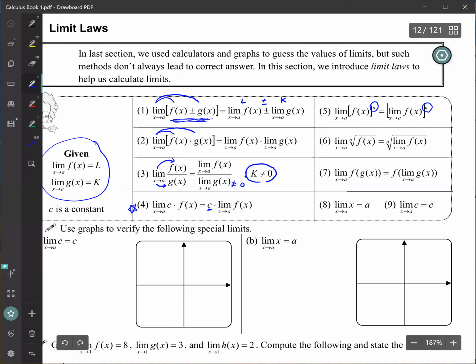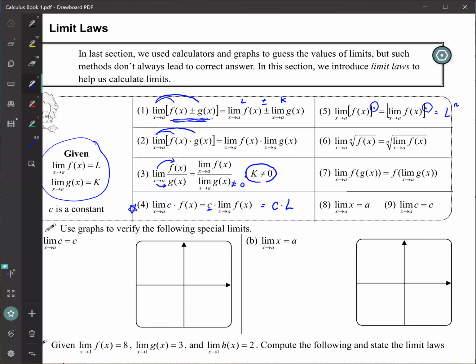The exponent is on the outside. The answer for f is L, so it will be L to the n. Like number 4, the fourth rule will be C times L.